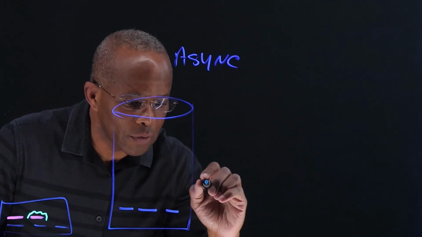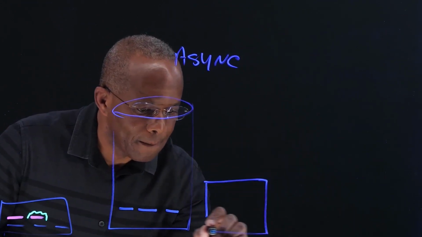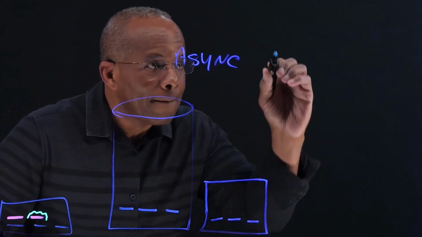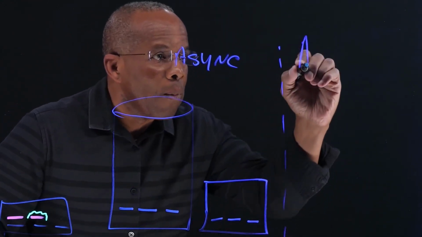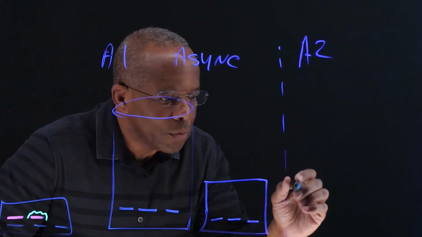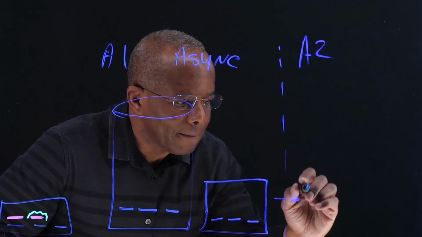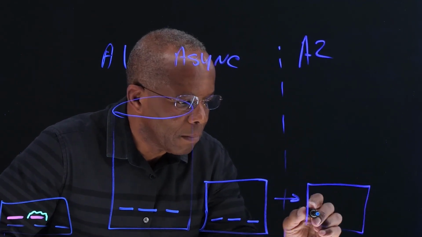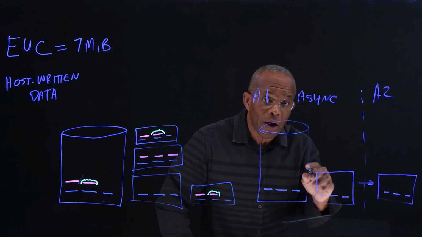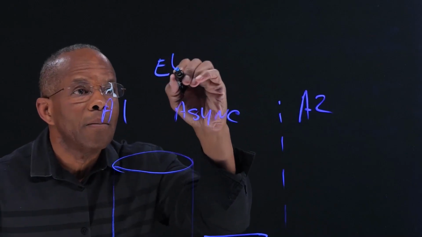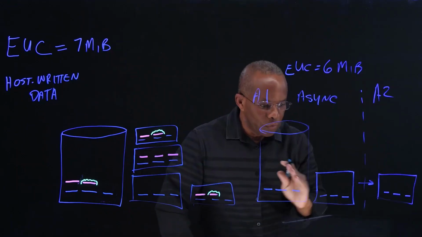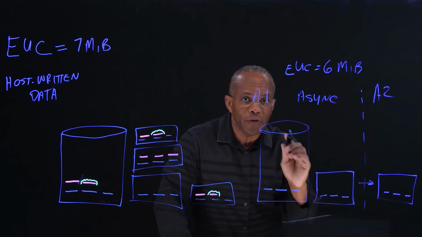So when we first start replicating, all the data is copied to a secondary array. So since we have 2 physical copies of the data, our EUC then is 6. So 2 physical copies of the data, EUC is equal to 6 MiB.